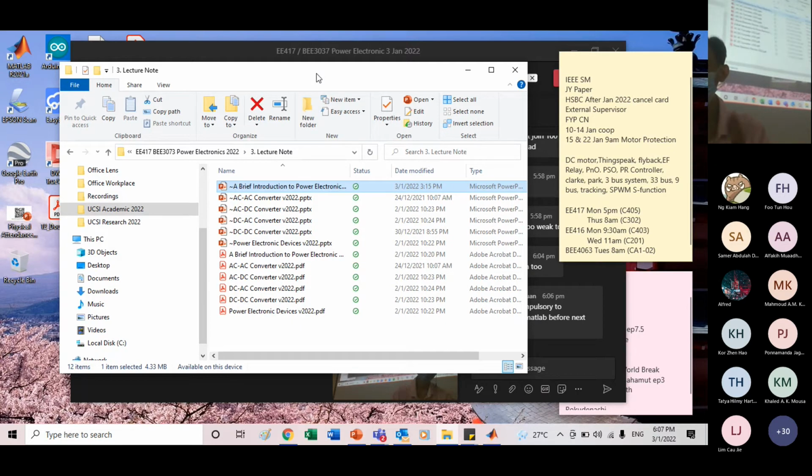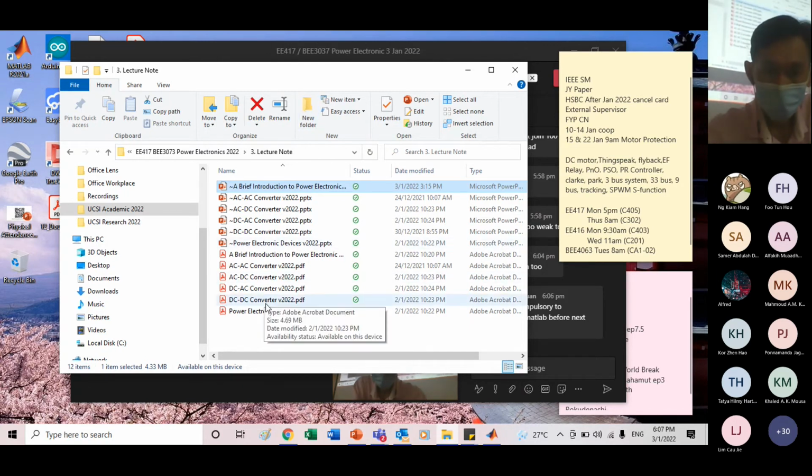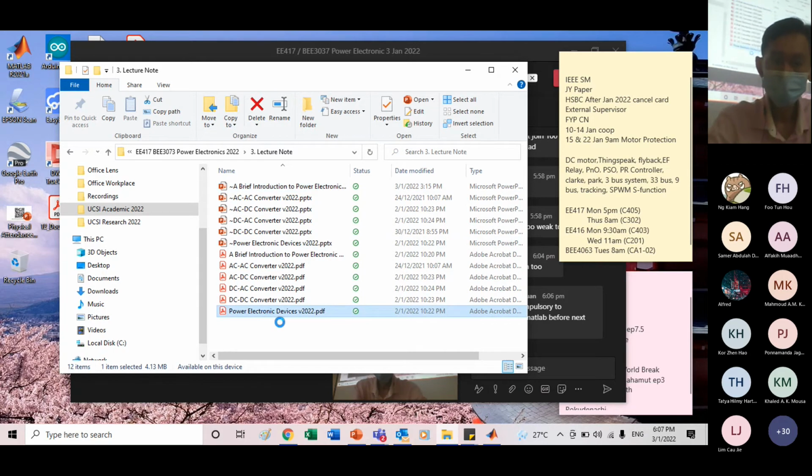Like I said, get your computer ready with MATLAB. I think in the first class we are going to do it already. Most probably in the first class, you will do some simple model that I have done.